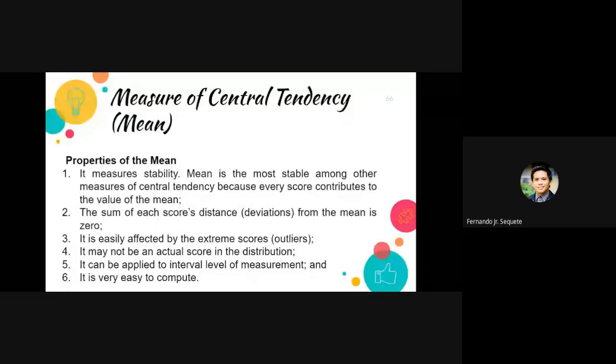You will appreciate the term deviation more when we proceed to measures of variability.